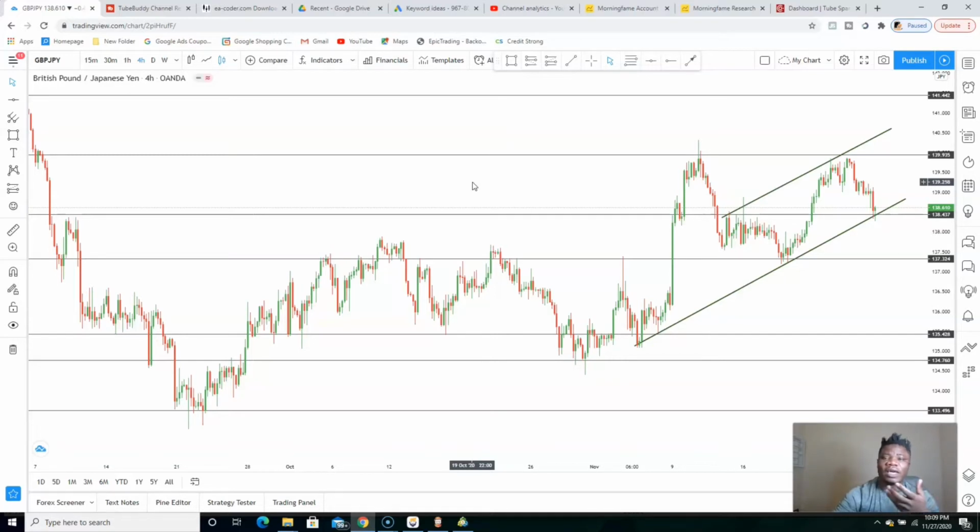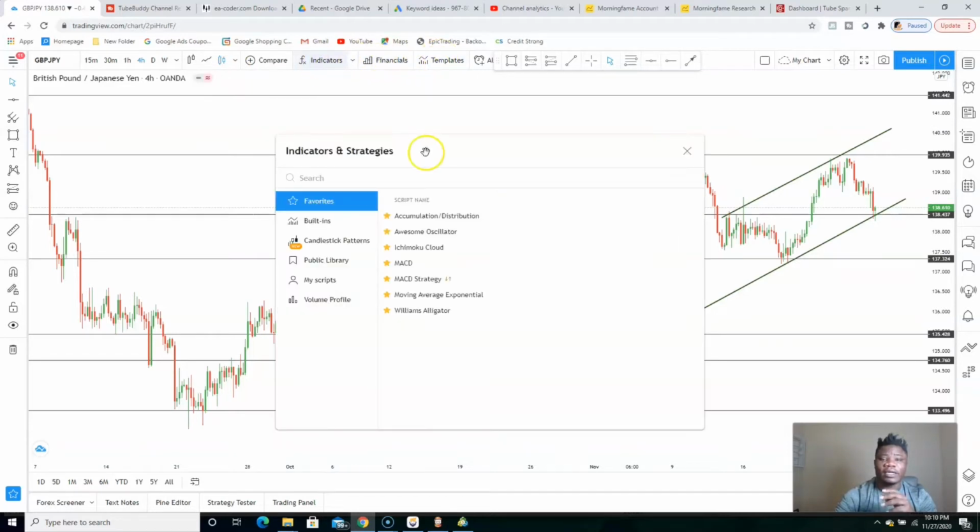Now we're going to go ahead and add the indicators that we're going to be using for this strategy, and I'm going to explain how you can use them to maximize your profits. The first indicator that we're going to add is the 200 EMA.